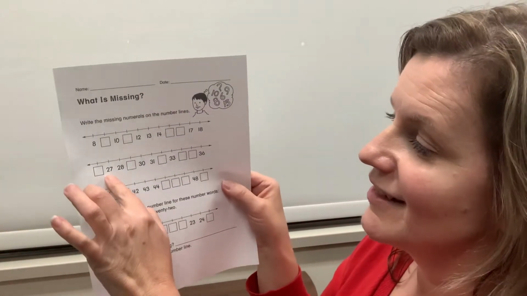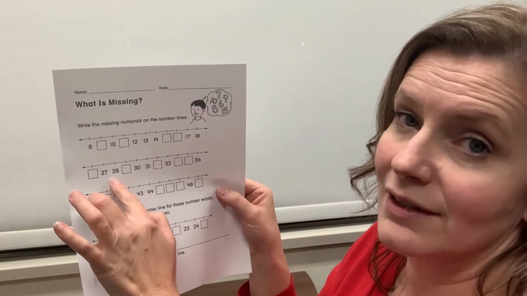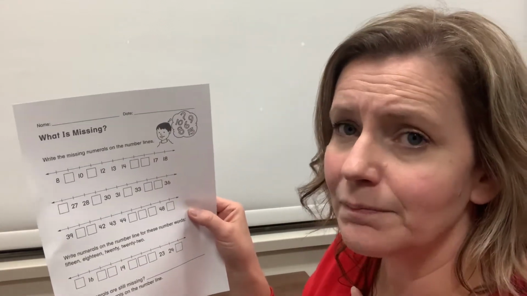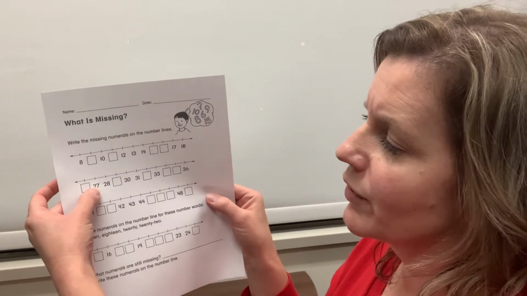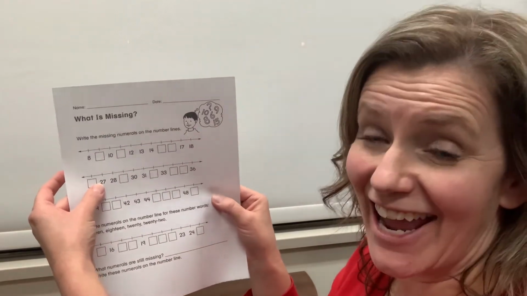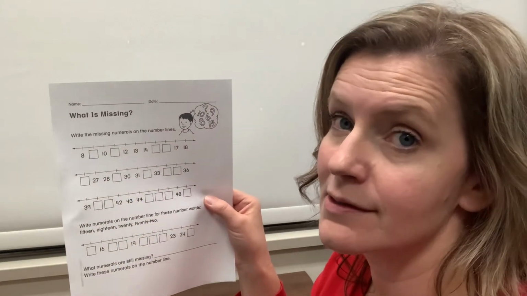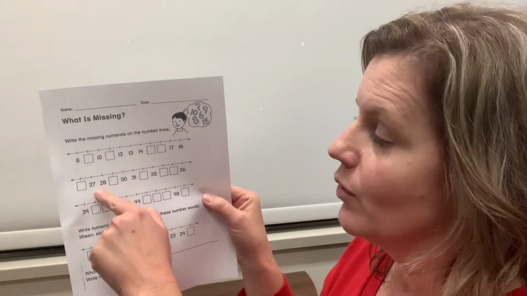Now remember, every one of these numbers has a tens section and a ones section. When you get into double digits, once you get into the teens, 11, 12, 13, 14, 15, 16, 17, 18, 19, 20, and all the way up to 99, the one number at the beginning is the tens column, and the number after it is in the ones column.